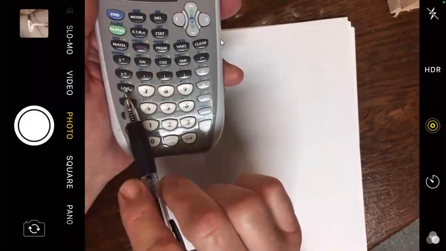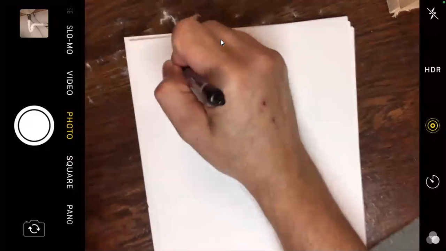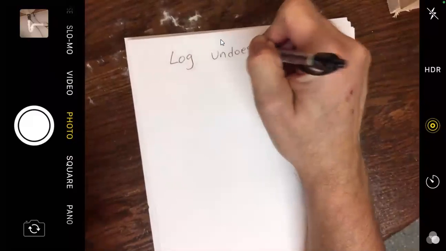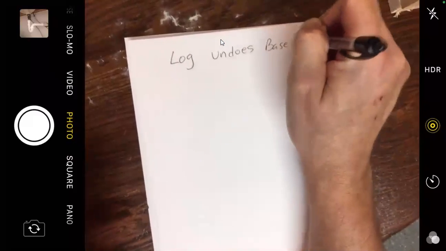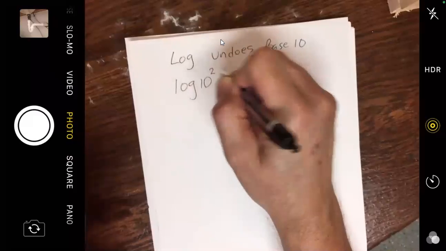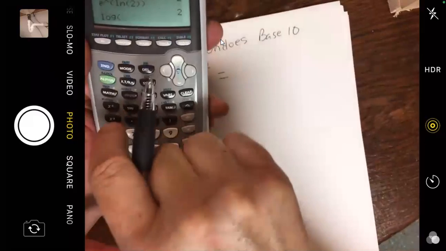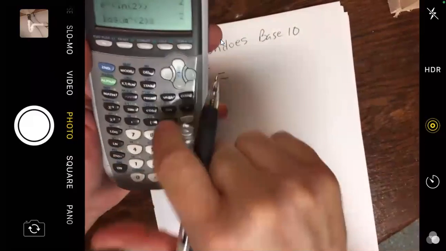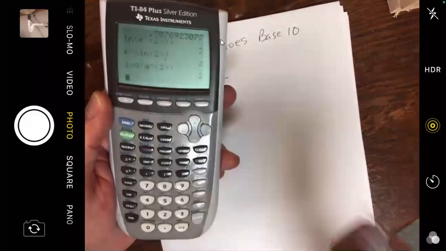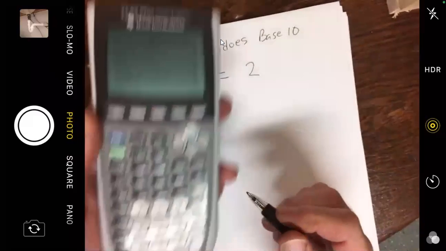When they use LOG, they mean a logarithm of base 10. So LOG undoes base 10. So I can go LOG of 10 to the 2, and I get 2. These undo each other.